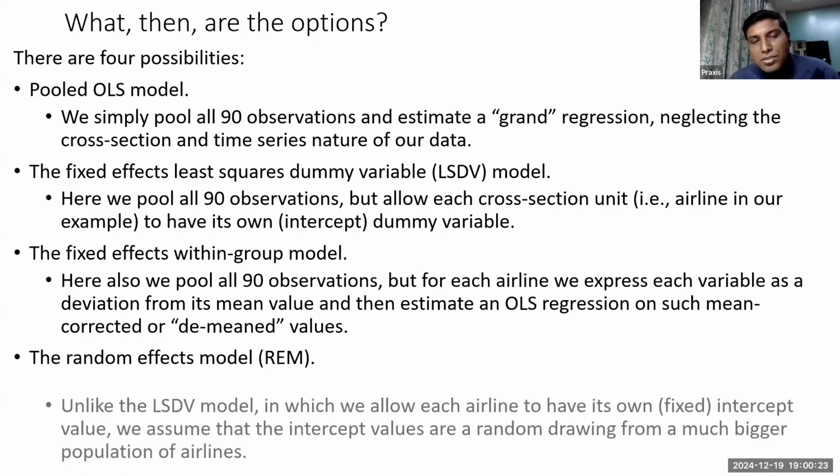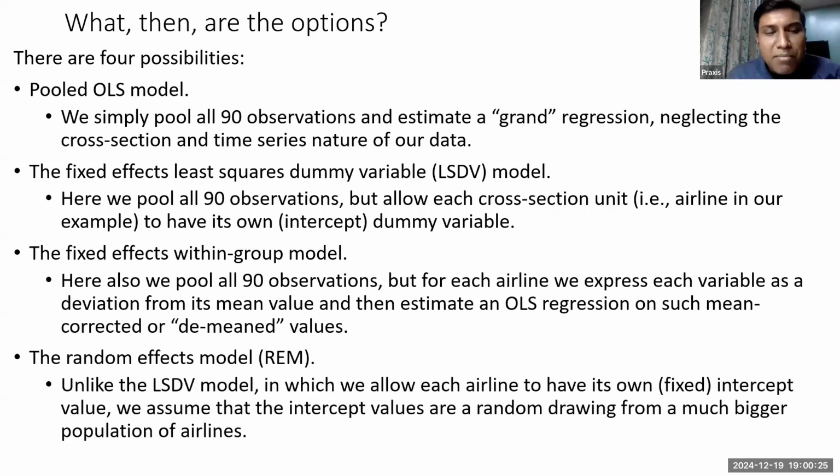And finally, we can also explore random effects model, wherein we allow each airline to have its own intercept value. And we assume that the intercept values are random drawings from a much bigger population of airlines. I know at this point, many of the things mentioned in this slide may not be clear. As we work on the data and estimate the model, it will be clear for sure.